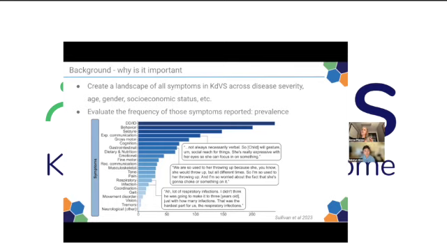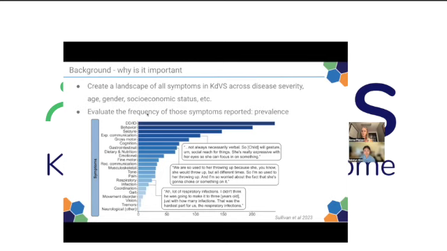So individuals who are more mildly affected, more moderately affected, and more severely affected, as well as getting the broadest perspective in age, gender, and socioeconomic status, as well as other factors like geographic location, etc.